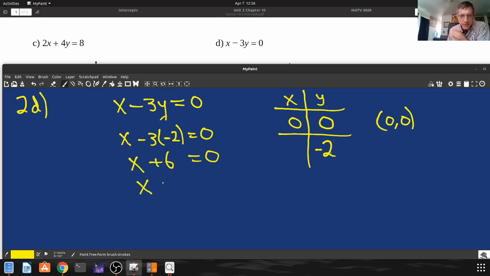So I'm solving for x, so I'm going to move the plus 6 over, and it becomes minus. So I found another point, minus 6 and minus 2. So we already know it goes through the origin, and you can kind of plot it this way if you want.